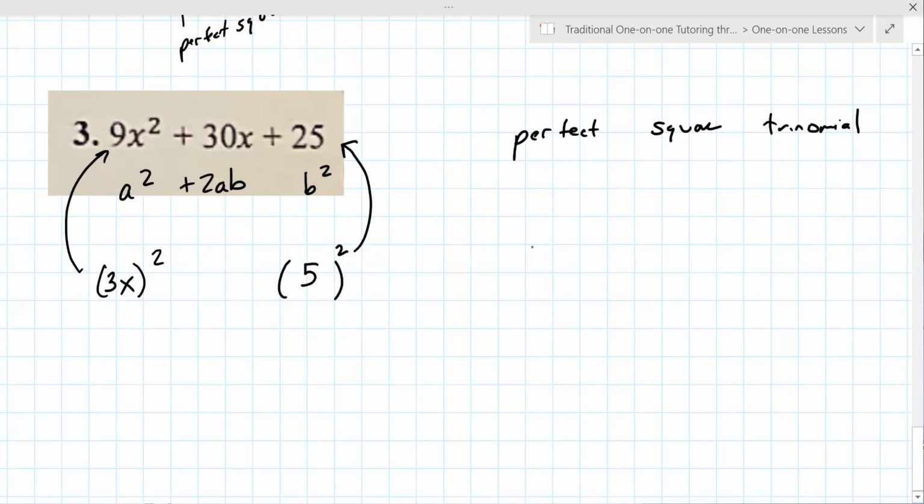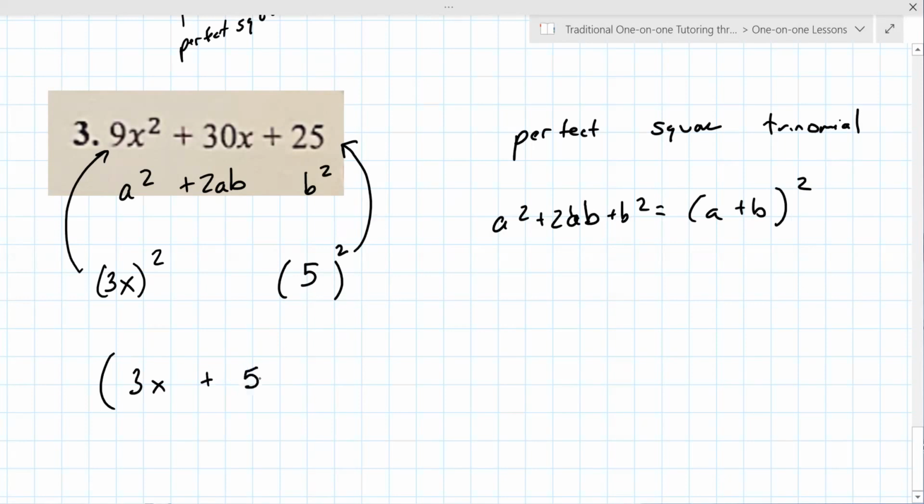Now, the perfect square trinomial is written as a plus b squared. So this time your a is 3x plus your b, which is 5, squared. And that's the answer. That's it.